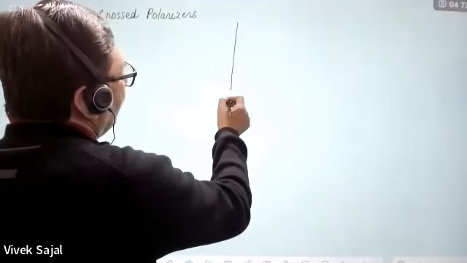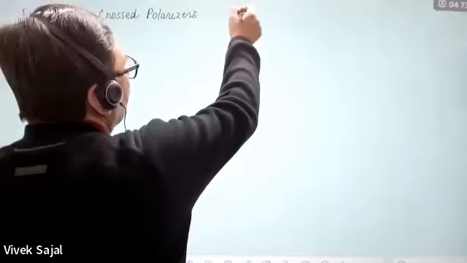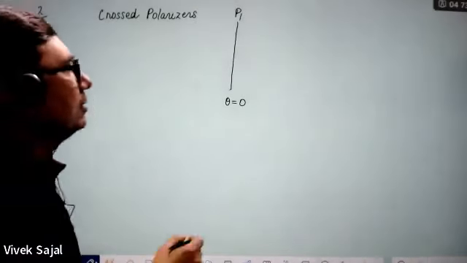I'm assuming its pass axis is at theta equal to 0. So this is polarizer 1, and I am assuming its pass axis is at theta equal to 0.